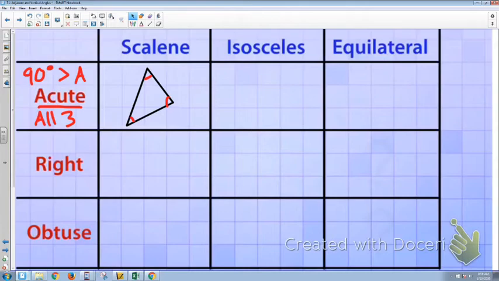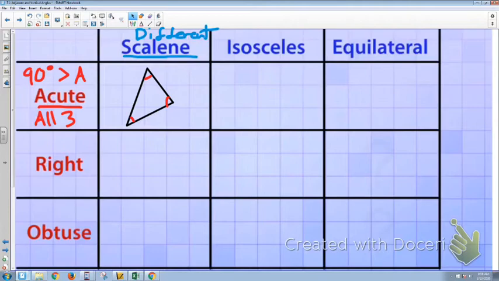Okay? Now, that's its first name. So it's an acute triangle. Sure, we can call it an acute triangle, but we can also call it by its last name, or how we measure the side lengths. So a triangle whose side lengths are all 3 different, we call this a scalene triangle. Let me show you what I mean.